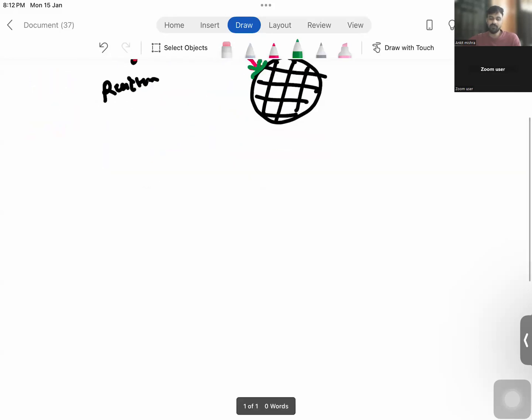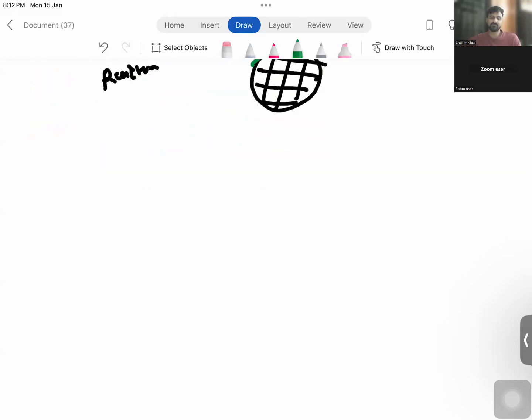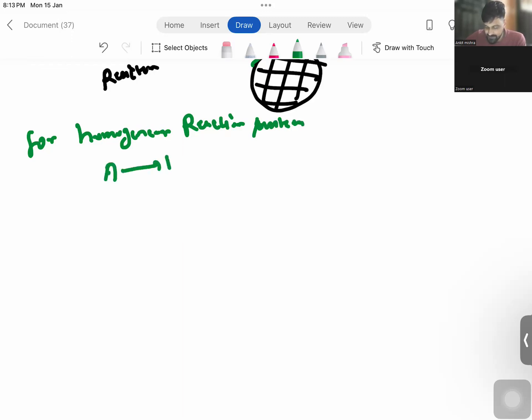So when we talk about gas solid catalytic reaction system, we'll be defining the rate of the reactions, right? In case of homogeneous reaction system, if you can recall, let's say a reactant A is getting converted to product B, there I have defined the rate of reaction in terms of A, that is equals to -1 upon V dNA by dt, right?